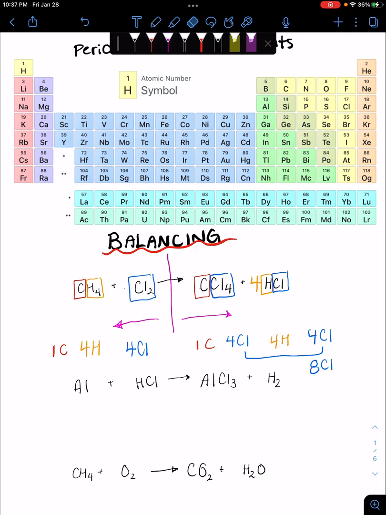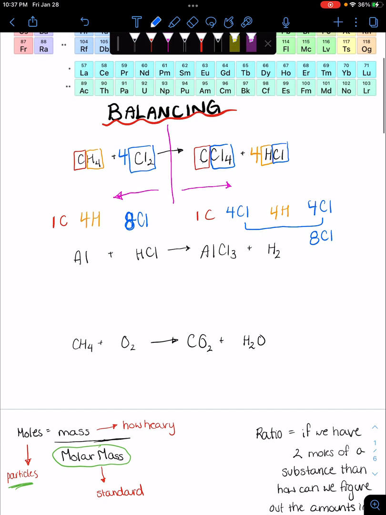So we come back to this side, and how do we get 8? Well, an easy trick, we're just going to divide 8 by 2, and that will give us 4. And then we can change that to 8, and it's perfectly balanced. Right, because we are, again, just looking at it like this. We have one of these.